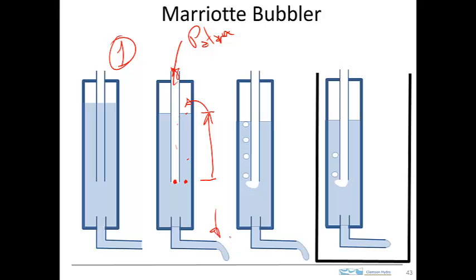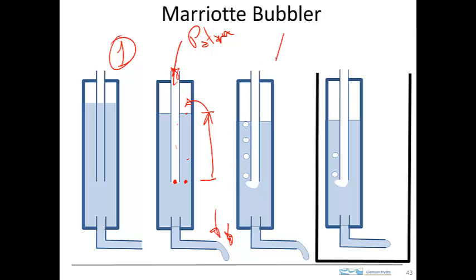Okay, so that's going to be the configuration at this instant in time. And we have a little bit of water flowing out here to allow that to occur. And basically, we've drained out this inner tube. Okay, so the Marriott bubbler is about set to start running, because in the next instant, air comes out of the bottom of this tube, and we start to create bubbles that rise up and go up into the headspace.